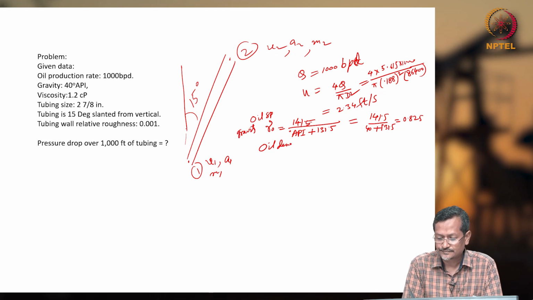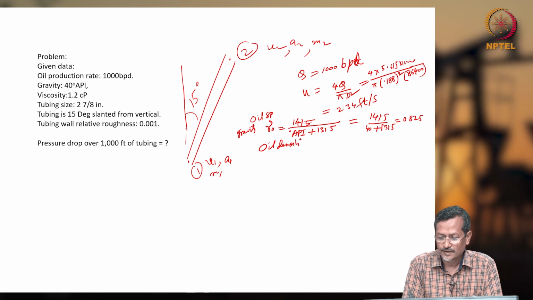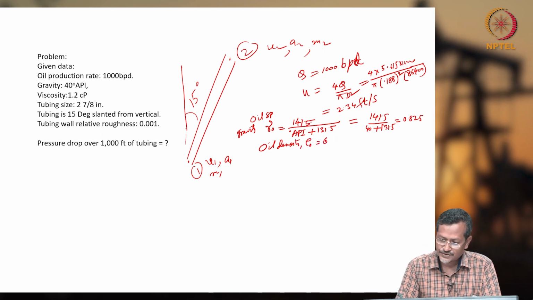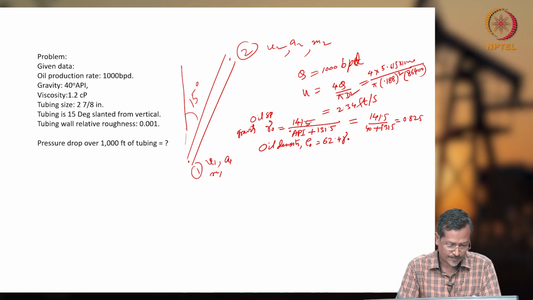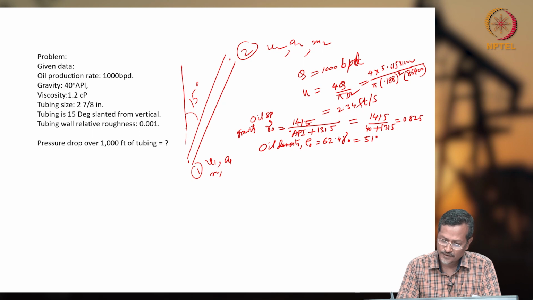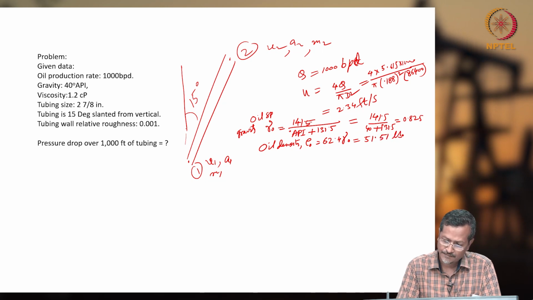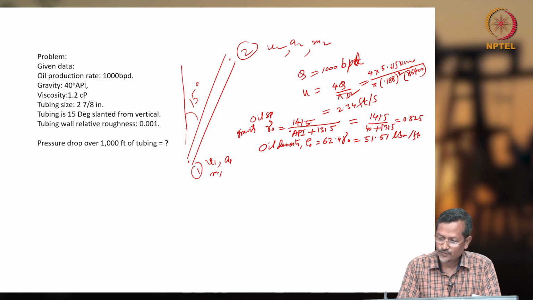Oil density, rho oil equals 62.4 gamma O. So finally it is coming to 51.57 pound mass per cubic feet.